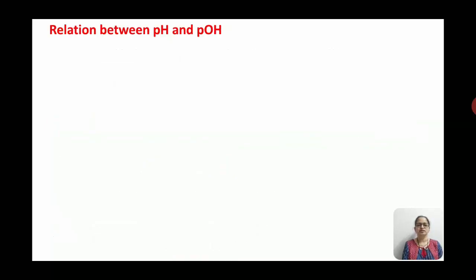Now we are going to learn the relation between pH and pOH. See, for any solution we can calculate pH as well as pOH. The solution can be acidic, the solution can be basic, or it may be neutral. For example, we will take an acidic solution where the concentration of H plus ions will be more. So for that solution you can calculate pH by using a formula. But in the same solution, hydroxide ions are also present. Yes, but the concentration of H plus will be far more than that of hydroxide ions.